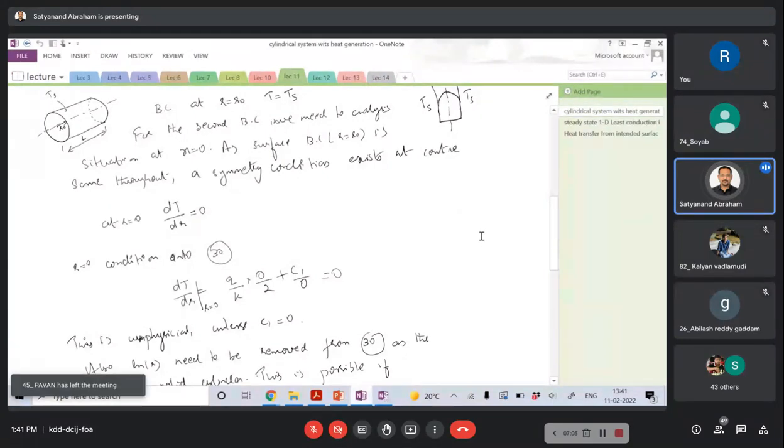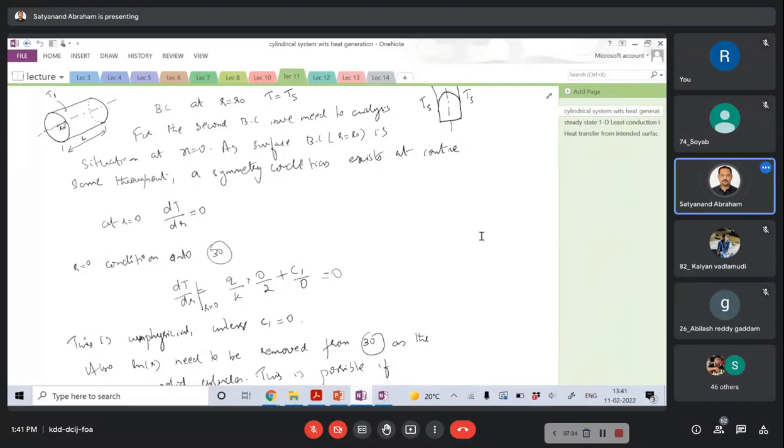Whatever total heat is generated within the system is convected out, right? So once we get the full temperature profile, we can say minus k dT/dr at r equal to r0.